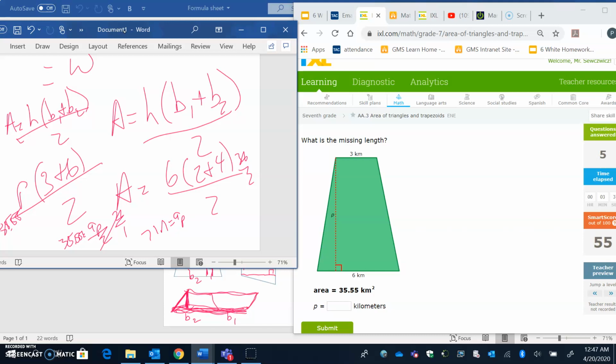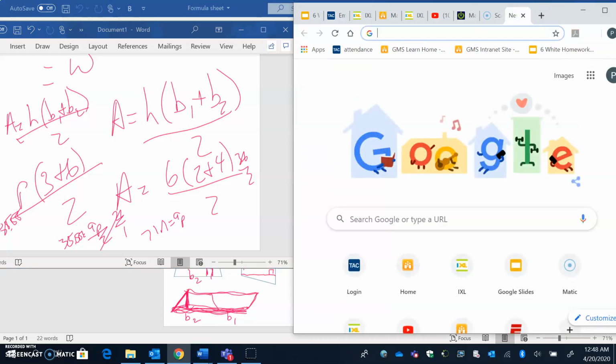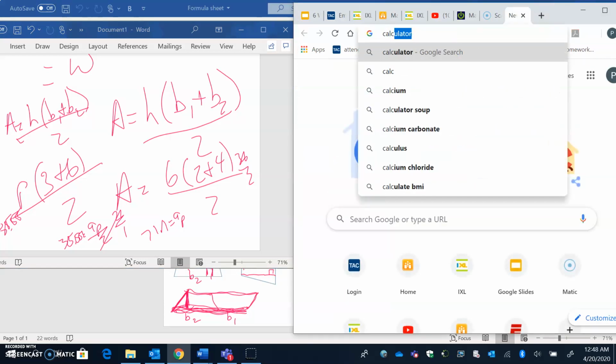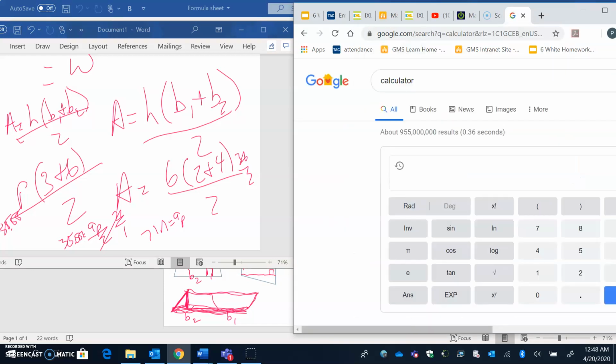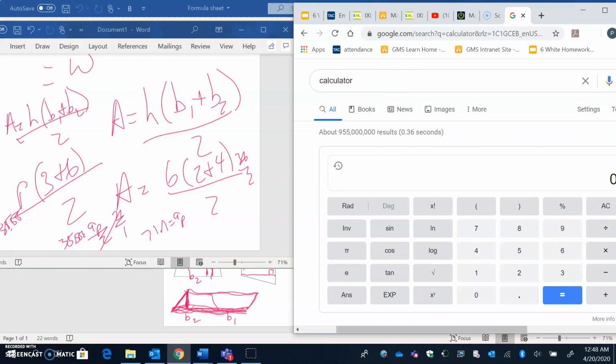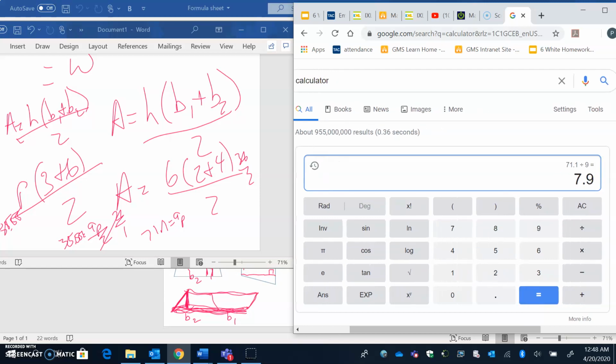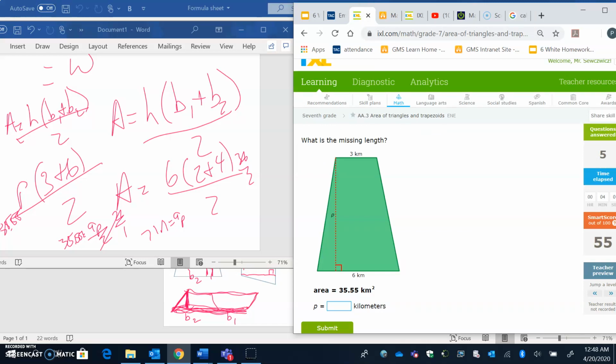And then we could just type that into our calculator and do our division. I don't have my calculator with me, so I guess I could go ahead and just do this. All right, let's see here, 71 and 1/10 divided by 9. What does that give me? 7 and 9/10.